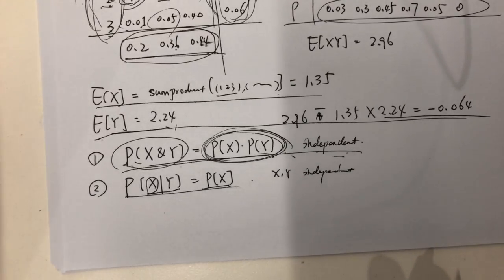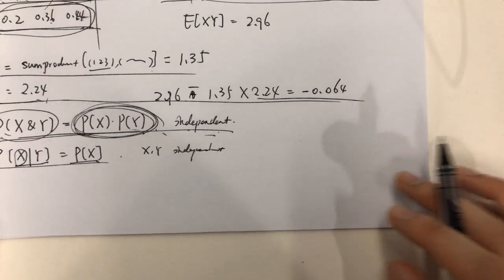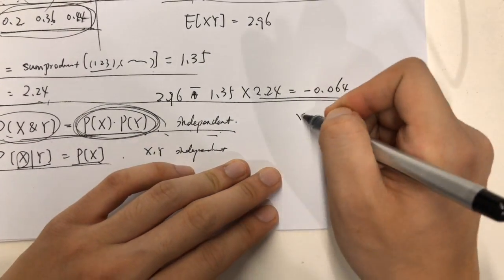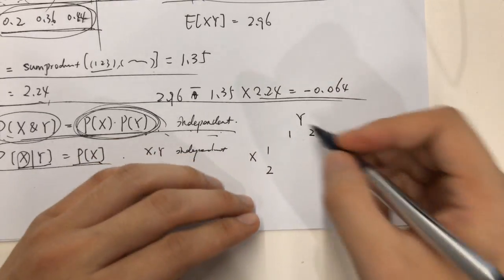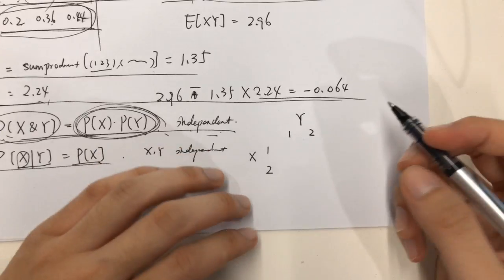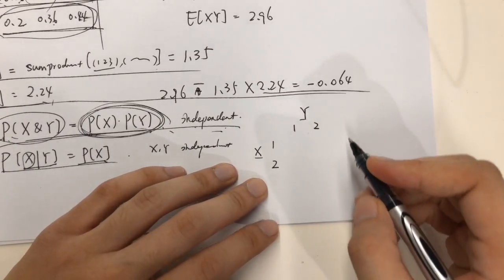But one thing, when we are applying this rule, let's look at an example. Sometimes it will give you something like this: y values 1, 2 against x values 1, 2, right? So this is, again, a bivariate distribution. And they probably ask if x and y are independent or not.